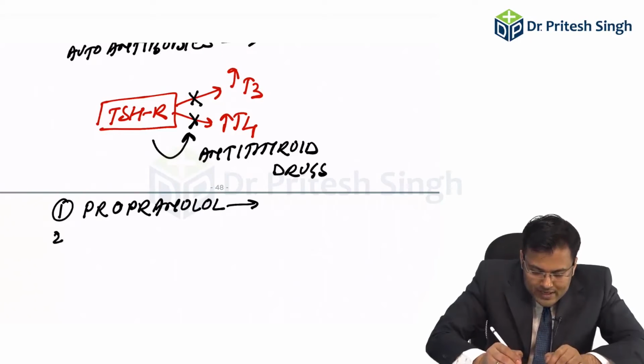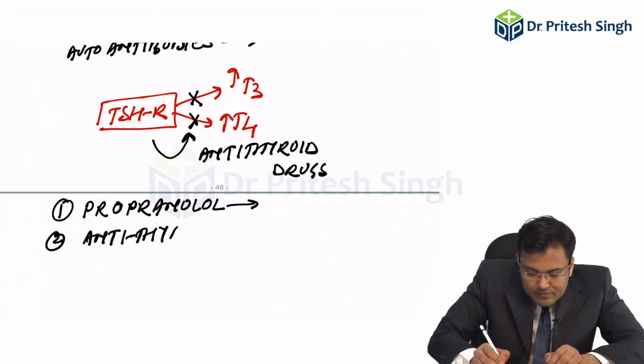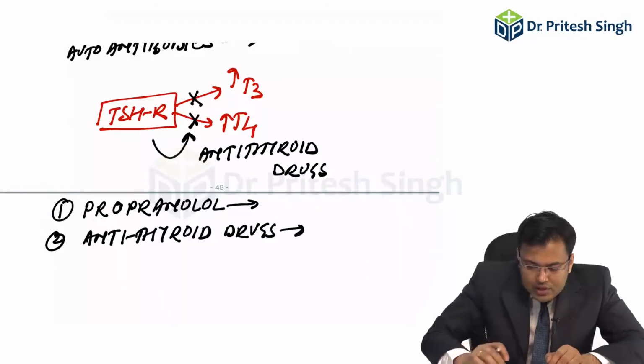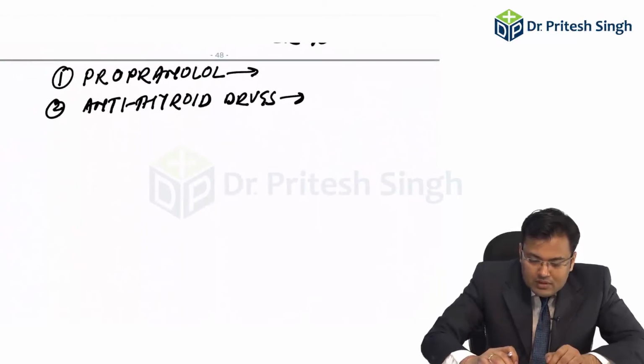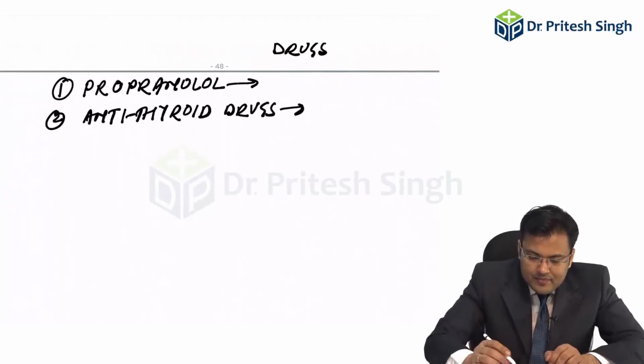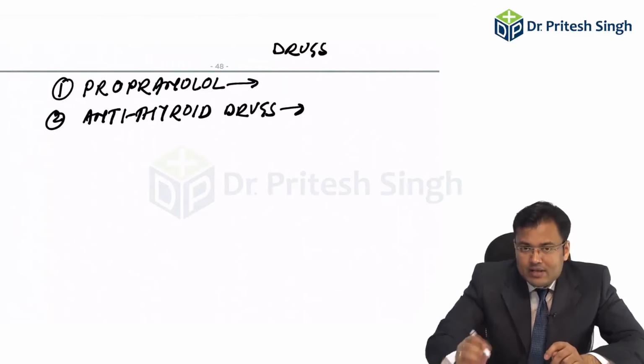Second, we give antithyroid drugs to control the production of thyroid hormone T3 and T4. What are the antithyroid drugs which are given?